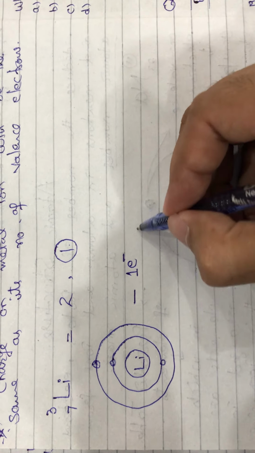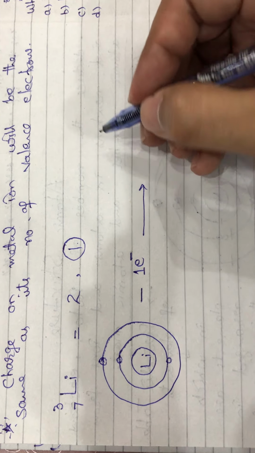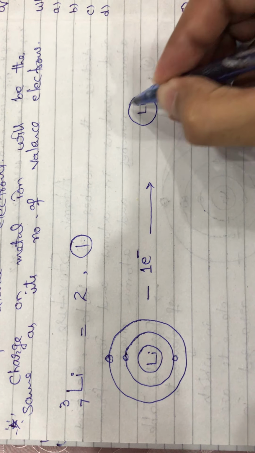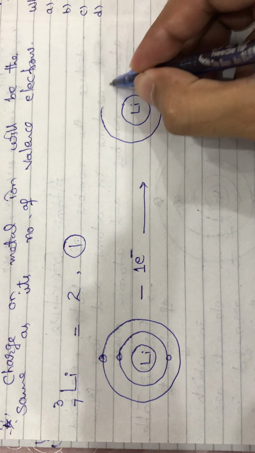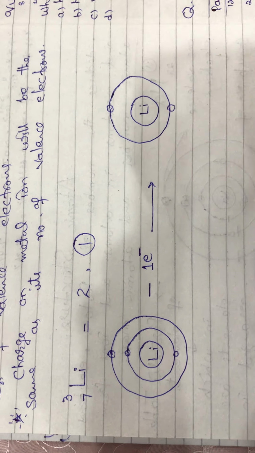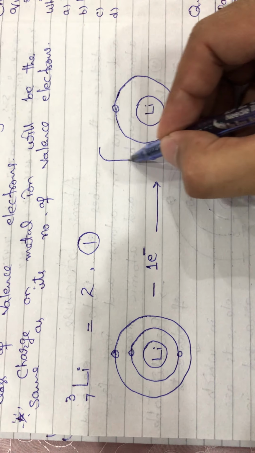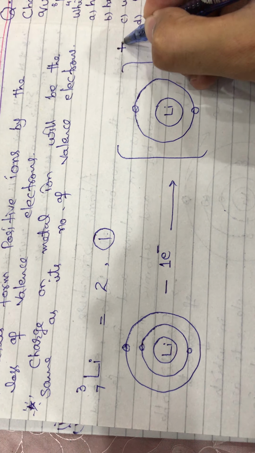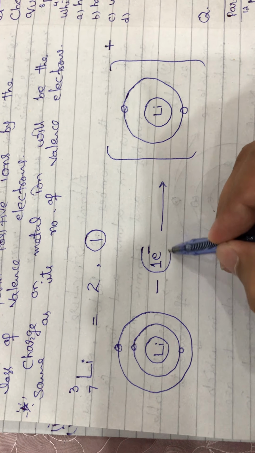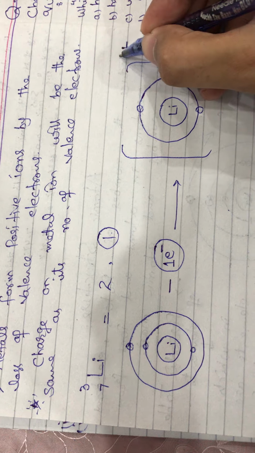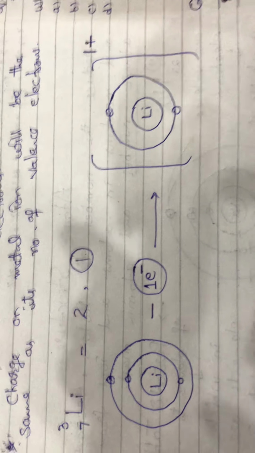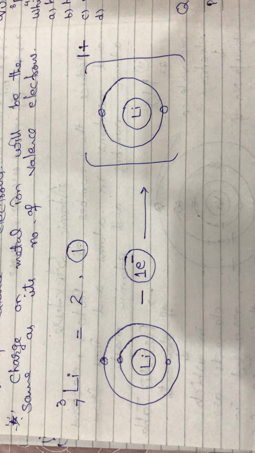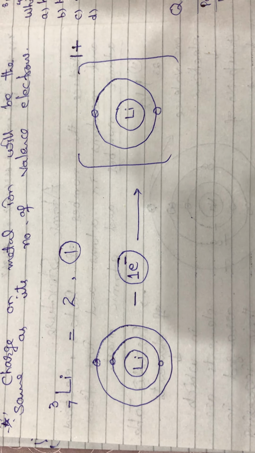After losing its 1 electron, lithium has a nucleus, and this is its first shell now with 2 electrons, and it is forming an ion with a positive charge. And how many electrons has it lost? 1. So 1 positive charge will come on the lithium ion. So lithium will form a positive ion by the loss of 1 electron.